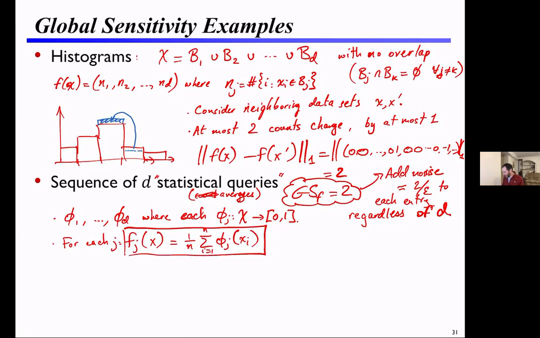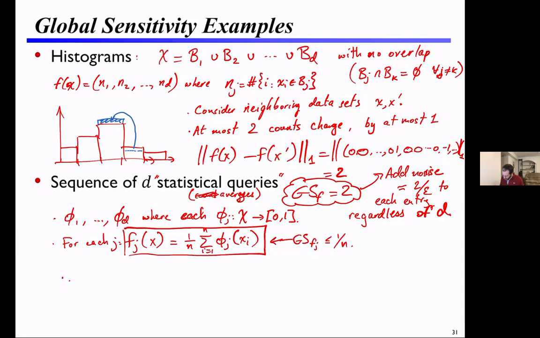Notice that if I change one record in the data set, this average changes by at most 1 over n. So the global sensitivity of f j is at most 1 over n. Because when I change one record, I change at most one entry of this sum, by at most 1, and that means the average changes by at most 1 over n.